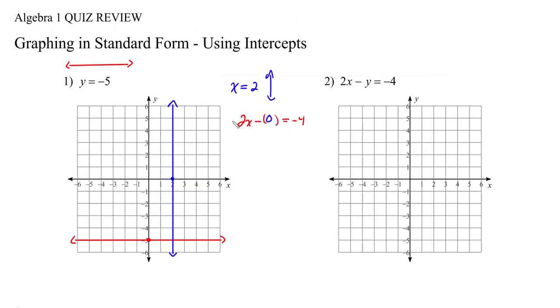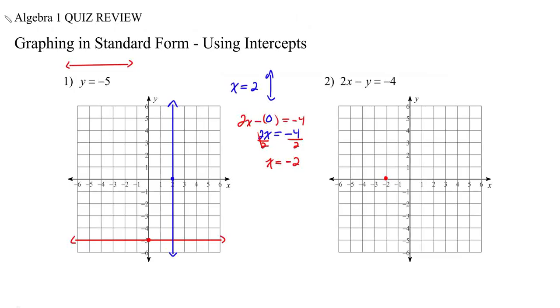Now anything minus 0 just equals itself. So we end up with 2x equals -4. Then we just divide both sides by 2, and we get x equals -2. So then we can take that, go to our x-axis, and put a point on -2.